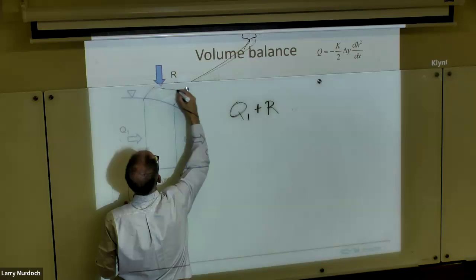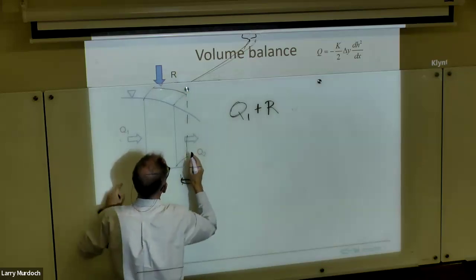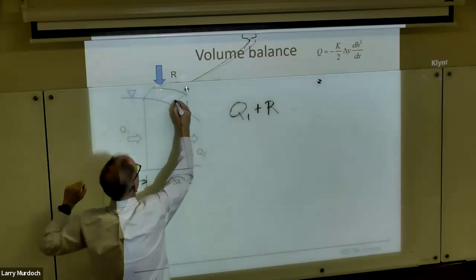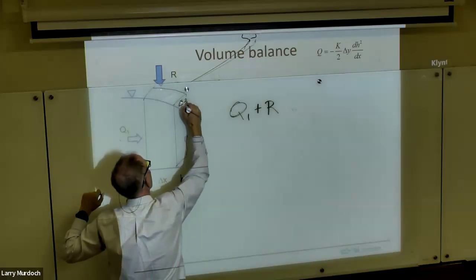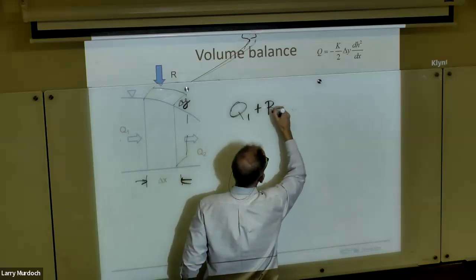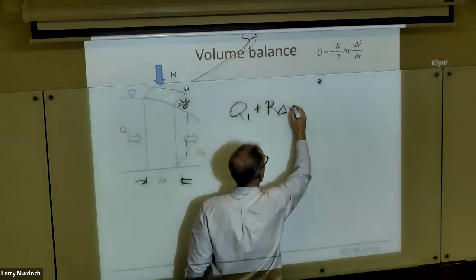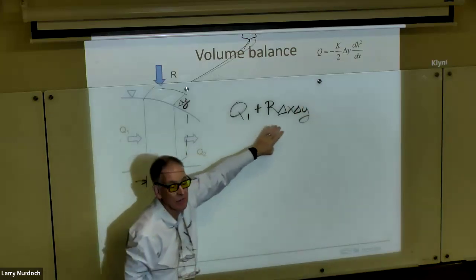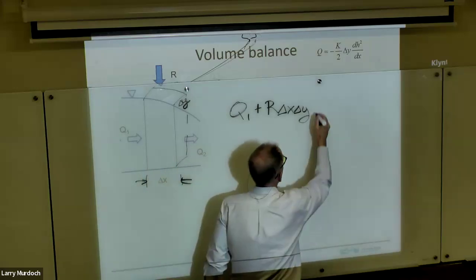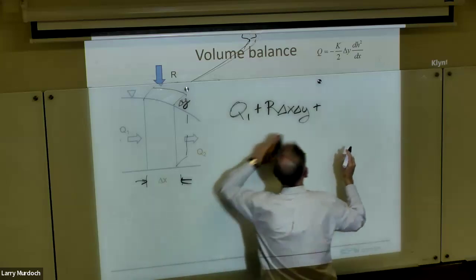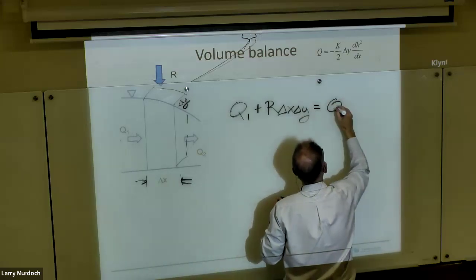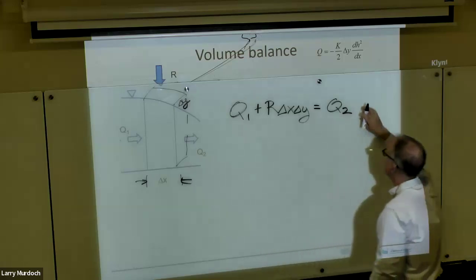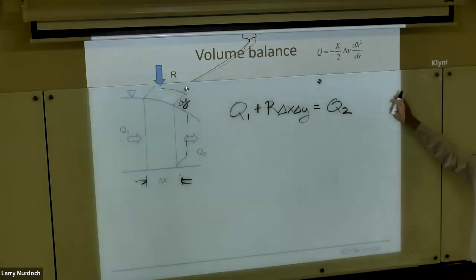Think of this as really like a prism, and that's delta y right there. R is the recharge flux, and it has to be multiplied by delta x times delta y, so that's a volumetric rate. And that's going to equal the flow out. If we were going to be complete, we'd have the change in volume stored, but we're just going to assume that it's steady state for now.